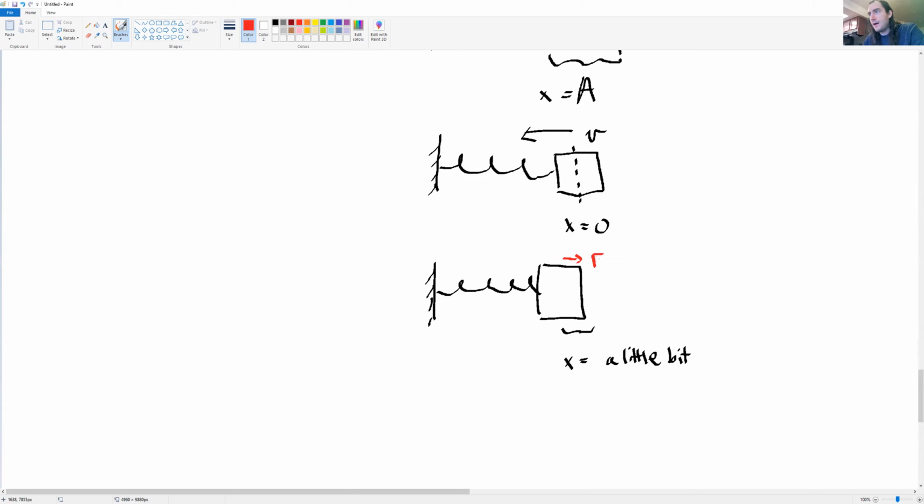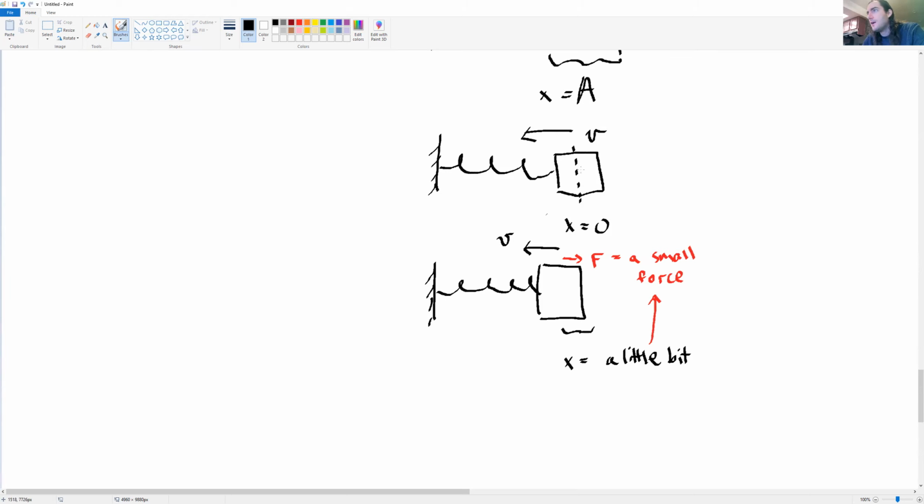There's a force F, which is a small force, because it's a little bit of displacement from equilibrium. Well, then what that means is that the velocity here will be a little bit less due to the small acceleration.